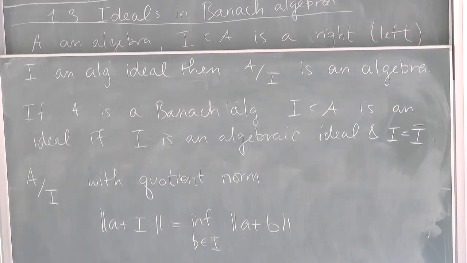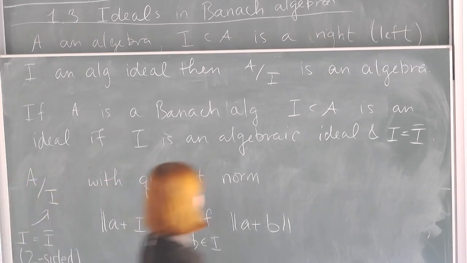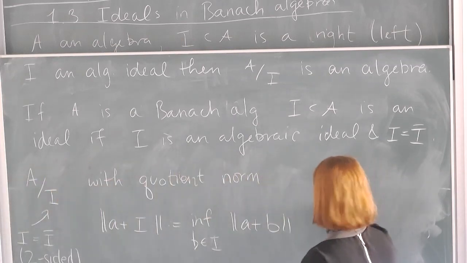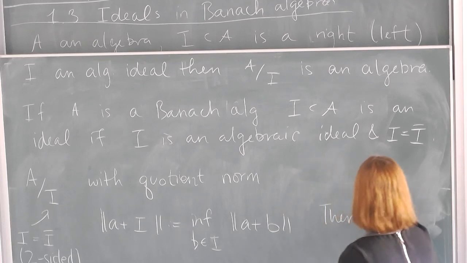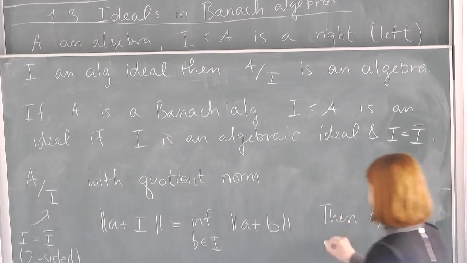Here, yes. And two-sided. So if I just say ideal, I'll always mean closed two-sided ideal. And otherwise, I will tell you what other information, like if it's algebraic and I don't want it to be closed, or left, right. But if I just say ideal, I always mean closed and two-sided. Okay, so this makes A/I into a Banach algebra.